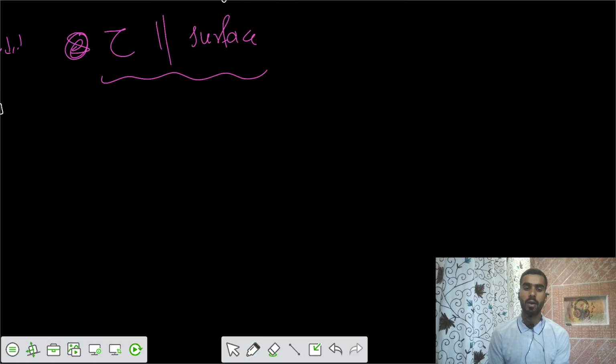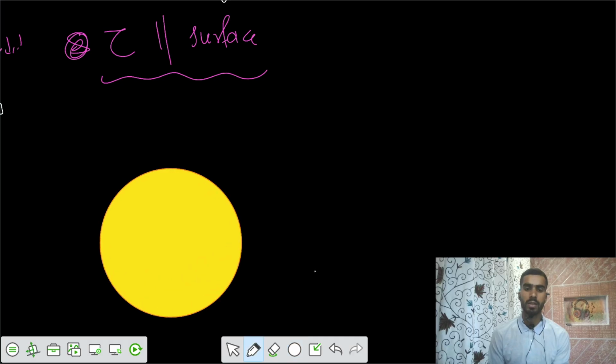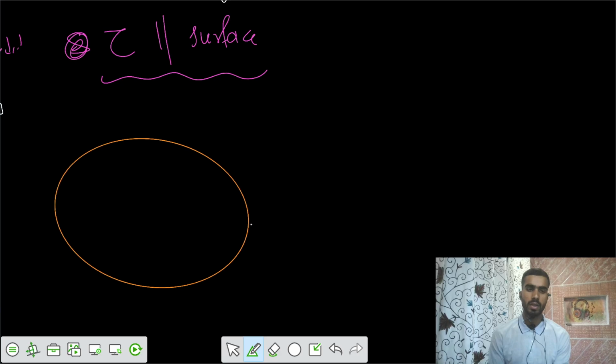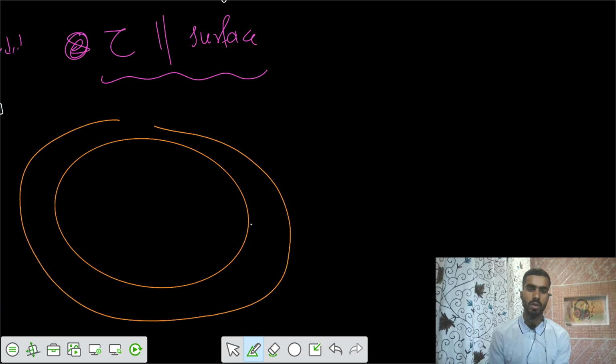Now if you have a circular section, I can say thin walled circular section. Let's say there is some circular section that is thin walled. I will write a circle, and after that you have one more.